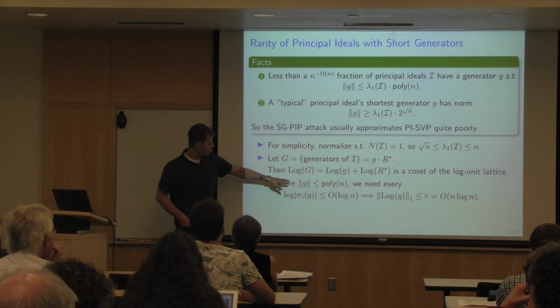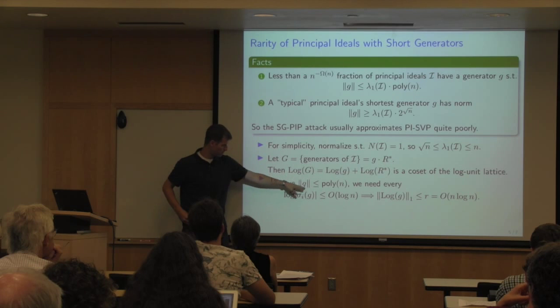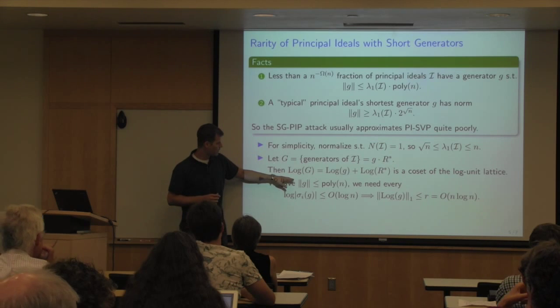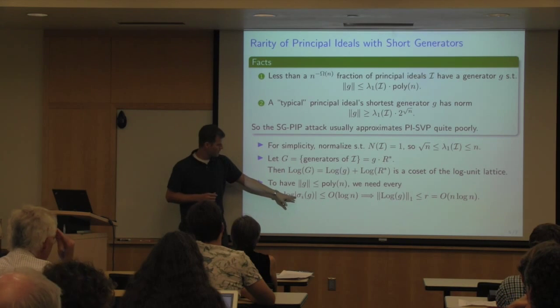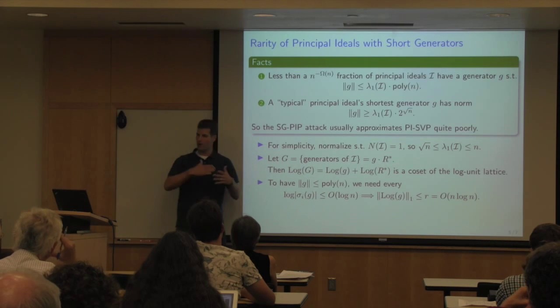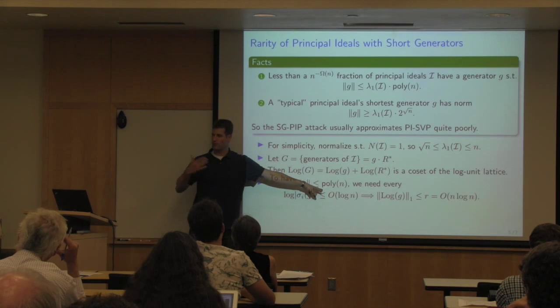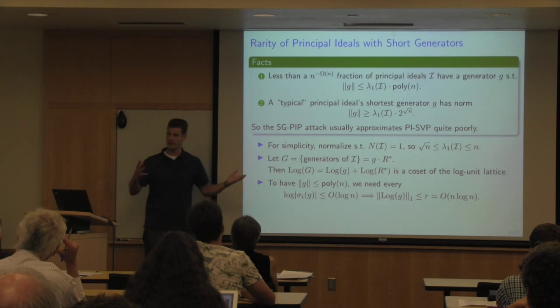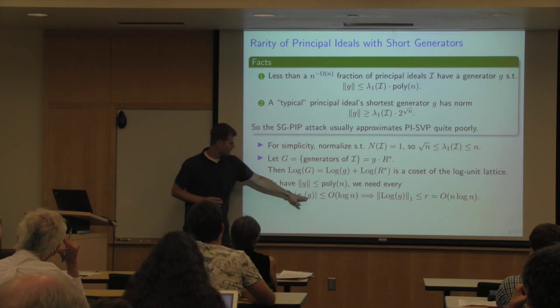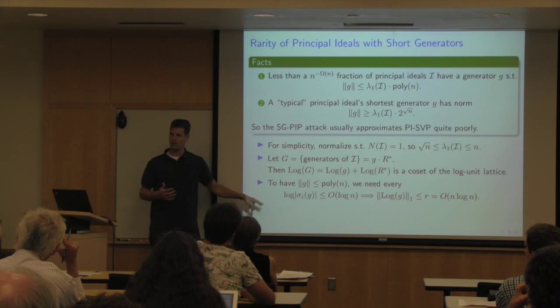So this is the Euclidean norm of G, so it's the sum of the squares of the embeddings of G, square root. And so if any of the embeddings exceed e to the c log n, then one of these embeddings is already larger than poly n. And then so the Euclidean norm is obviously larger than poly n. So you need all these embeddings to be themselves smaller than poly n, and so their logs have to be order log n.